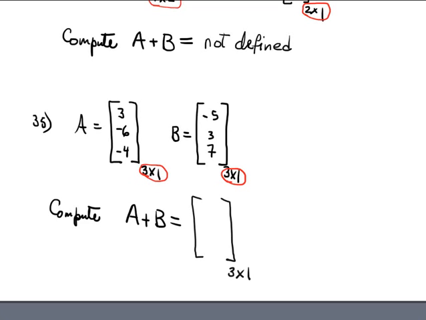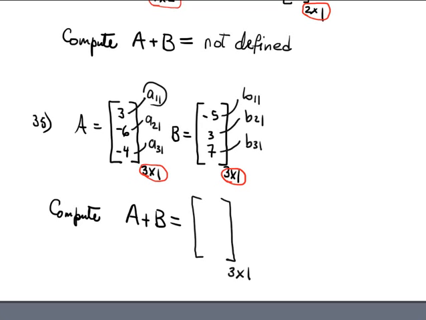The first component is A11, this component is A21, and this component is A31, and the associated ones in this case are B11, B21, and B31.